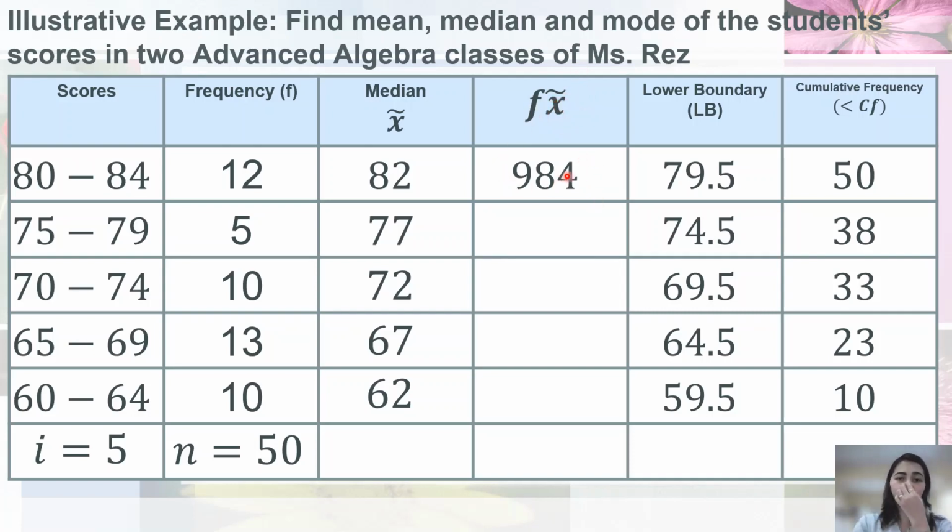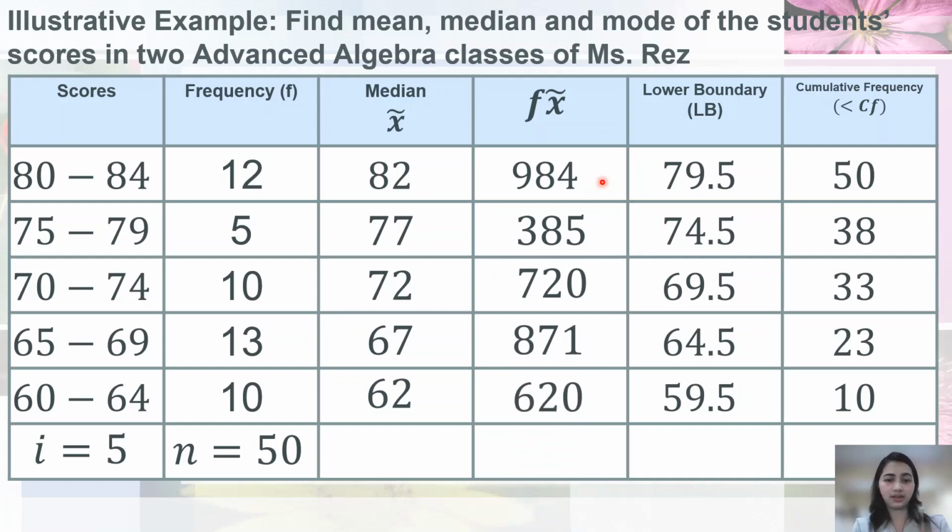Where does this come from? It is the product of our median and our frequency. If we multiply 12 to 82, we will have 984. Then 5 multiplied by 77, we have 385. Next is 10 multiplied by 72, that is 720. That is all we will do.